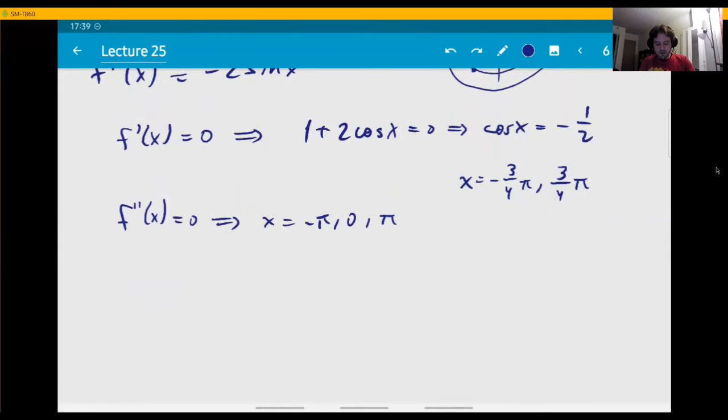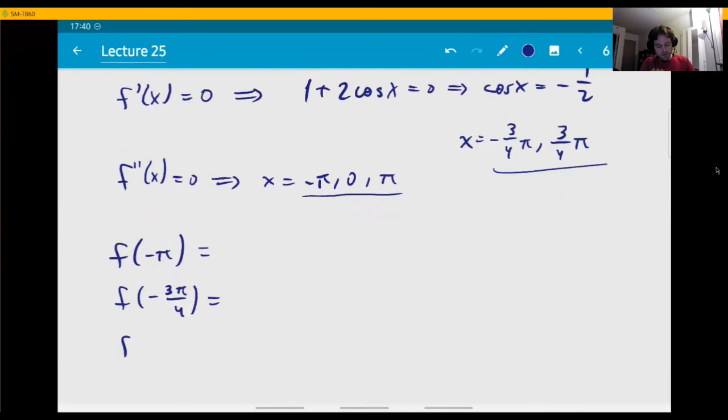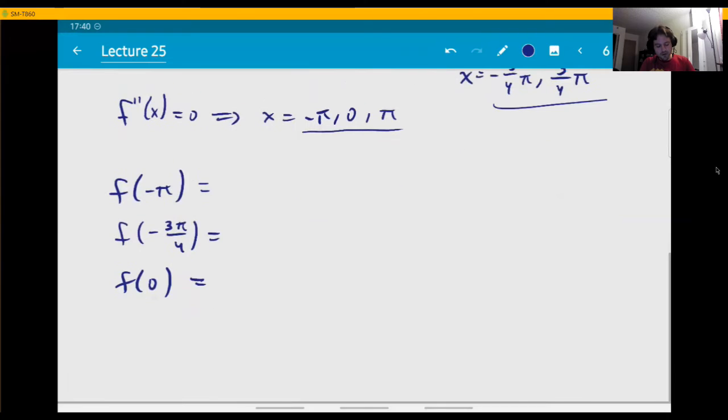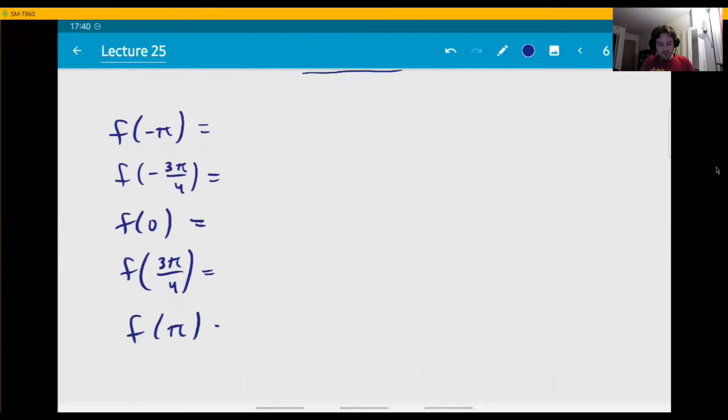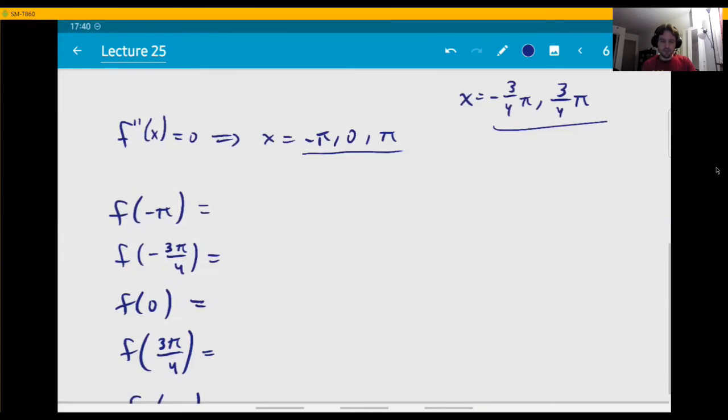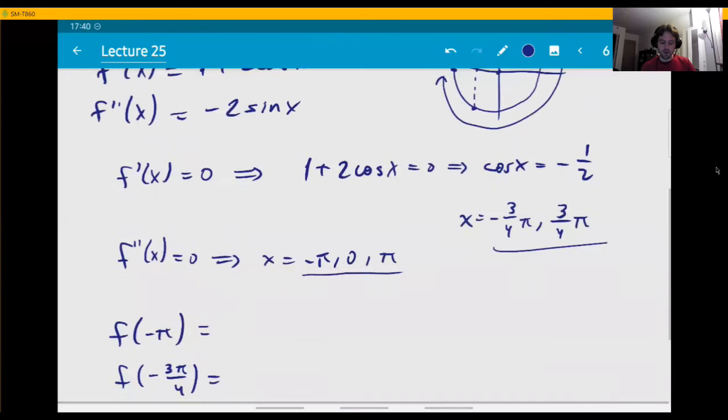So all that we found here, you can call those transition points. It's going to be helpful to have the value of the function at all of them. So minus pi, minus 3 pi over 4, 0, 3 pi over 4, and pi. Go back to your original f. Don't plug any of these numbers into f prime or f double prime.